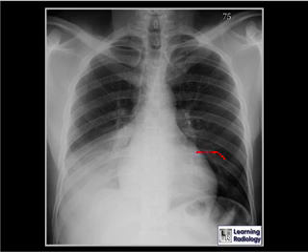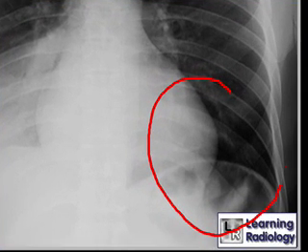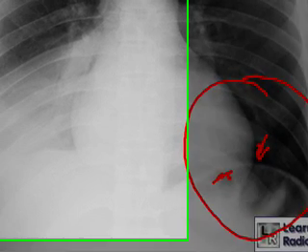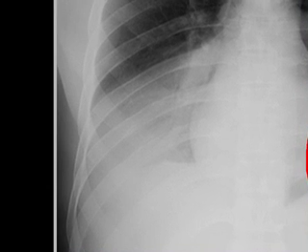Here's an example of the silhouette sign in a different individual. Here in the left lower lobe, which is normal, we can see the left hemidiaphragm because there is air both on top of it and, in this case, in the colon beneath it. If we look at the right side, we no longer can see the hemidiaphragm.